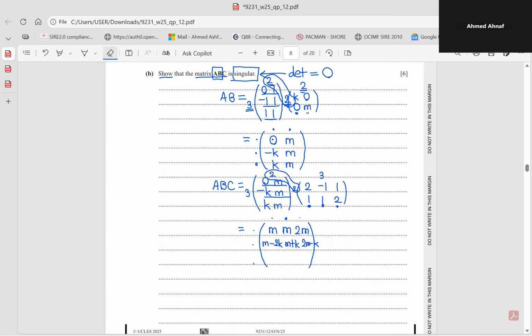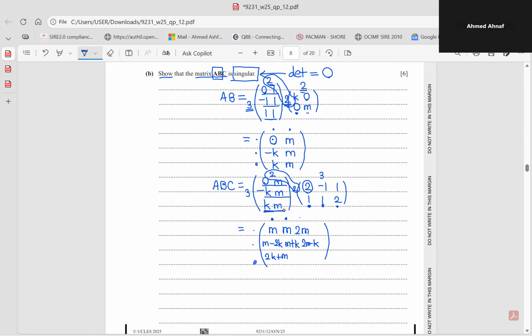Okay, you know what? I believe I need more space. I'll just extend it here. All right, and then the third row, first column. So k times 2 is 2k plus m times 1. So 2k plus m.